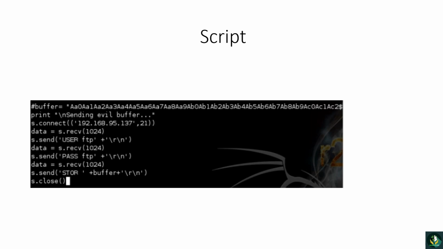And if I run the script and open NC, because this is definitely a port, hopefully the port has been opened, like 192.168.95.137 and port 4444, and here we go.